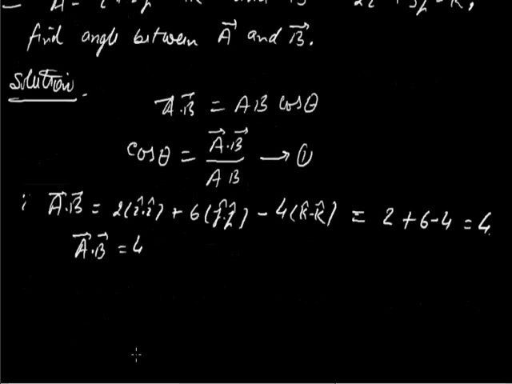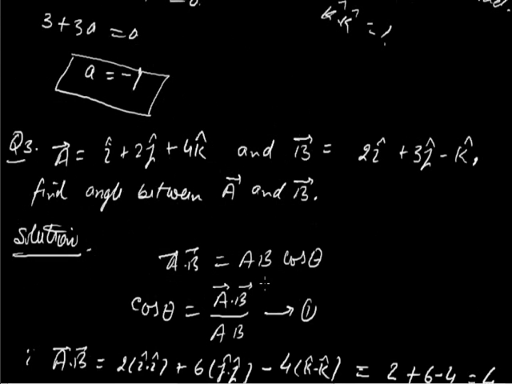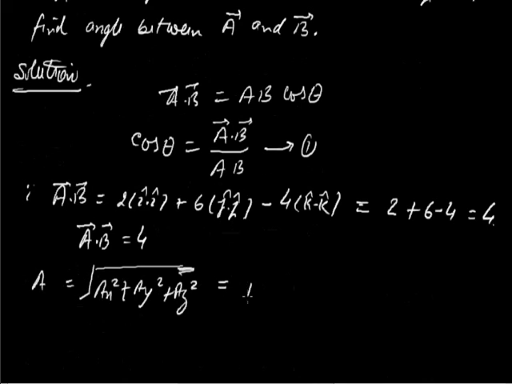And the magnitude of vector A is square root of ax square plus ay square plus az square. That's 1 square plus 2 square plus 4 square, under square root. That's 1 plus 4 plus 16, that's 21.